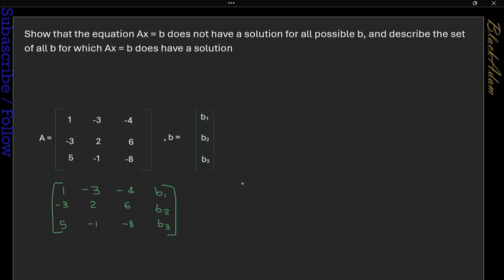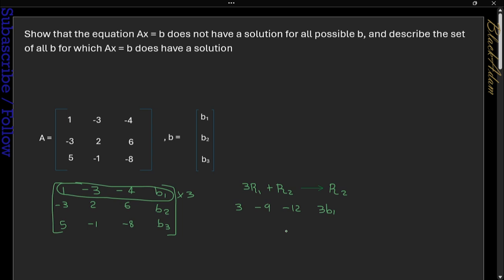So what we do, we multiply the first row by 3 and then add it with the second row. The idea is to cancel the first pivotal point. So 3, -9, and 3 times -4, and 3 times b1 is 3b1.